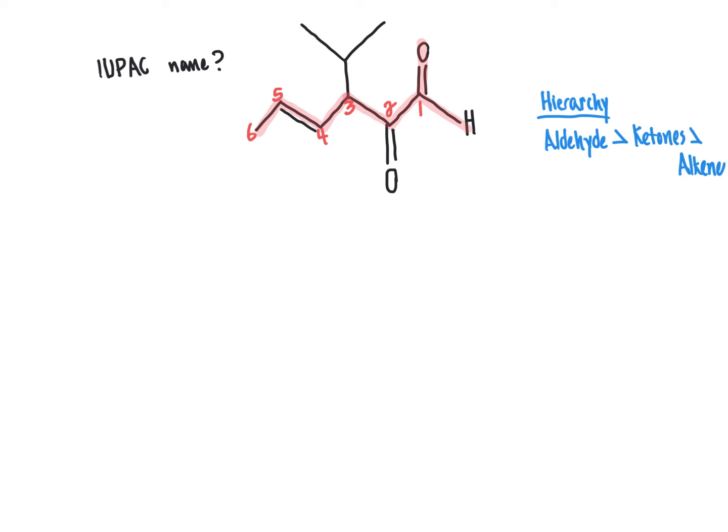However, this 6-carbon chain has an alkene group in it as well, so it's not appropriate to call this hexanal, because the "an" there indicates to us that there is just carbon-carbon single bonds. That's not the case. So instead, the parent name here needs to take on hexenal, indicating that there is an alkene group present within the molecule.